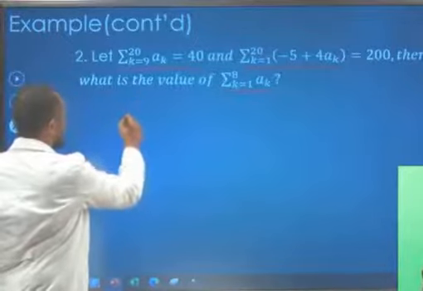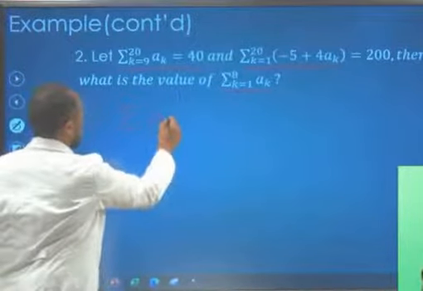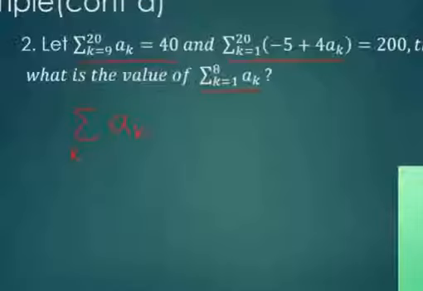The summation of a_k, k starts from 1 up to 20, is equal to the summation of a_k, k from 1 up to 8, plus the summation of a_k, k from 9 up to 20. So we know this property. Using this property, I can find this one.